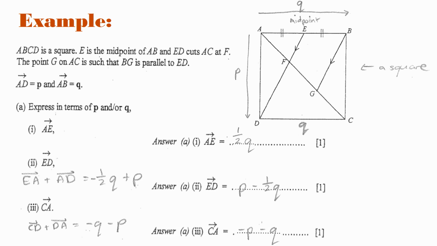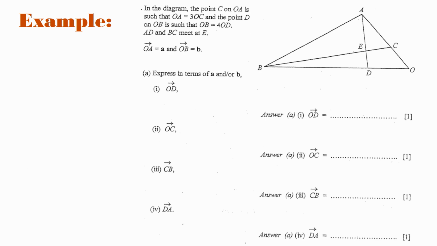Almost there. Another example, in the diagram, the point C is on OA, such that OA is 3 times OC. So if this whole length is 3 times that little length, you can think of this as being 1/3 of the way along, and this one as being 2/3 of the way along. That's helpful to think.